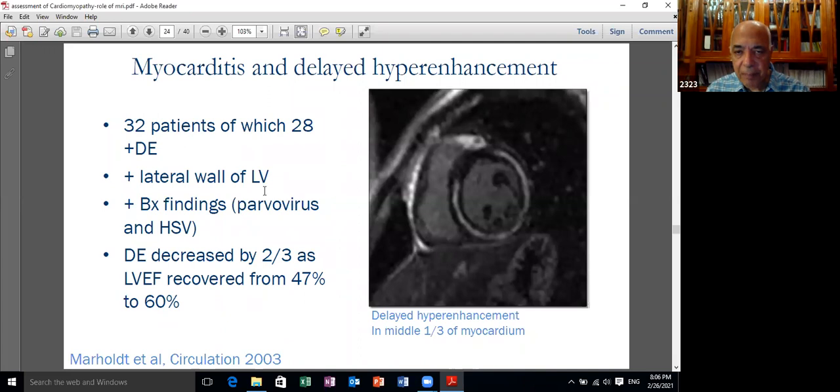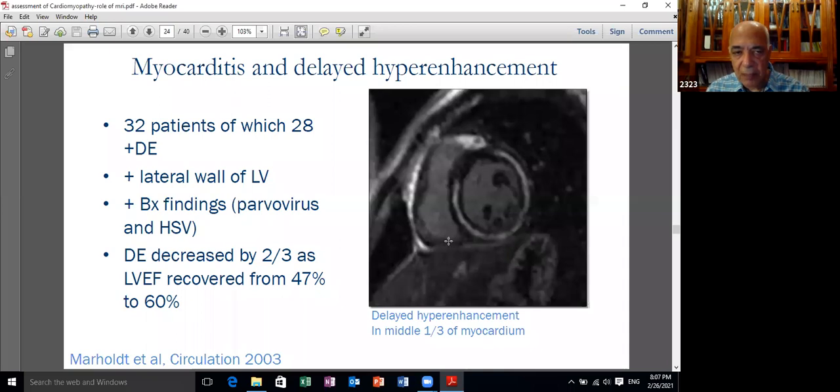So this is the picture with a healed myocarditis, a chronic cardiomyopathy. You get a mid-wall enhancement. So this is a mid-wall enhancement. Sometimes it involves the whole myocardium, as you see here in a patient with a previous myocarditis, now in dilated cardiomyopathy. You can sometimes get it in 10 to 15% of patients with ischemic cardiomyopathy.